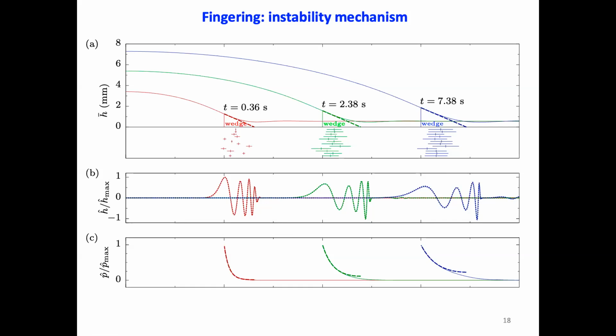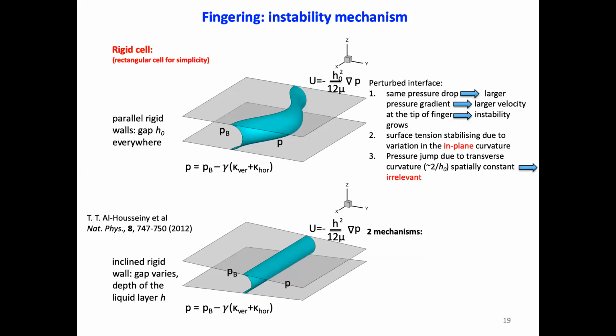Okay, so in that case, you might ask, what is then the mechanism for the suppression of instability or delay of the onset of instability? Well, because we have this wedge ahead of the interface, what we are doing effectively is propagating into something that looks similar to a rigid but inclined wall.